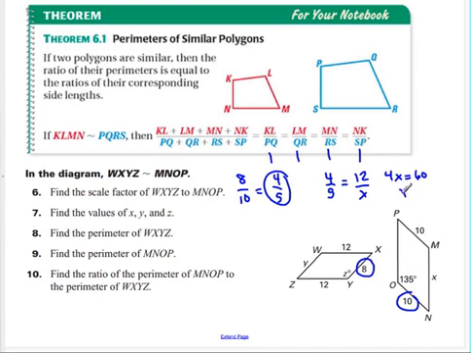When I simplify, x will just equal 15, whatever those units are. So that's x. Again, I'll use the same ratio, 4/5, and I'll say that's going to be y/10. I'll cross multiply over here, so this would be 5y equals 40. I'll divide both sides by 5, and y equals 8.